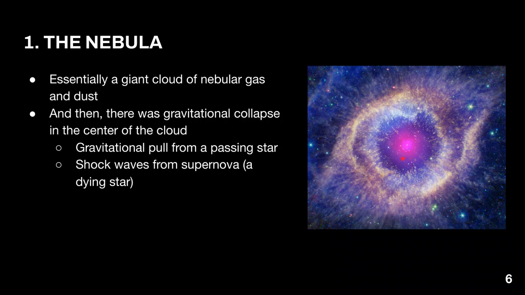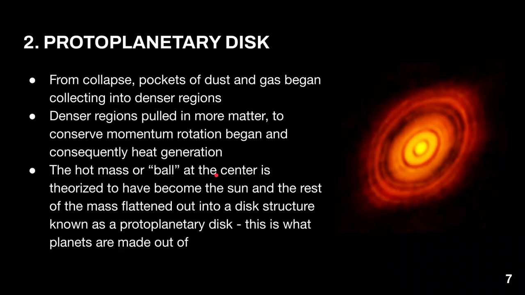The causes of this gravitational collapse aren't known with certainty, but there are some probable theories, such as gravitational pull from a passing star, or maybe shock waves from a supernova, which is a dying star. And following this gravitational collapse, we created something known as a protoplanetary disk.